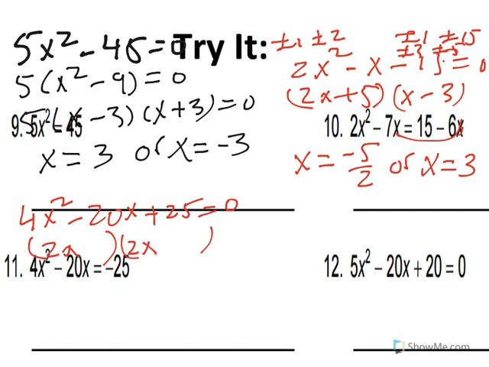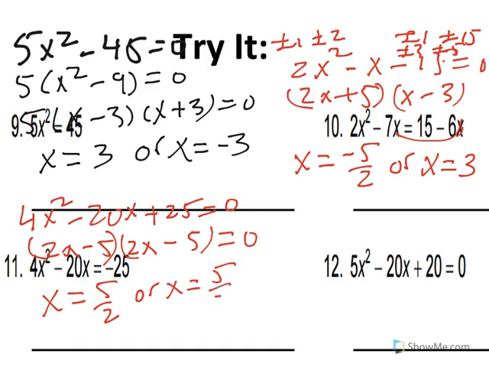And we need a 25 and a negative 20, so let's try a negative 5 and a negative 5 here. So we have x equal to 5 over 2 or x equal to 5 over 2. Here we have two of the same answer, so we call these our double roots.